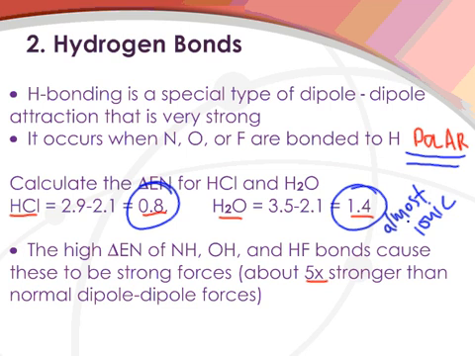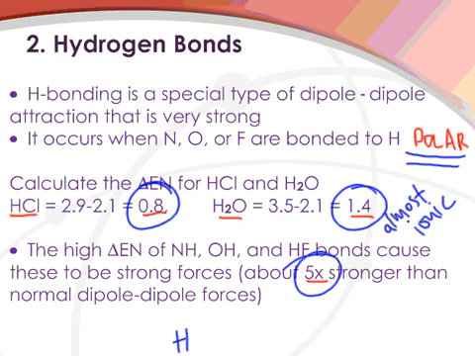So because the electronegativity difference is so strong when hydrogen is bonded to oxygen, nitrogen, or fluorine, we basically end up with an intermolecular bond that's about 5 times stronger than a normal dipole-dipole force. Because it's that strong, we give it a special name called a hydrogen bond. So now remember, these are intermolecular forces.